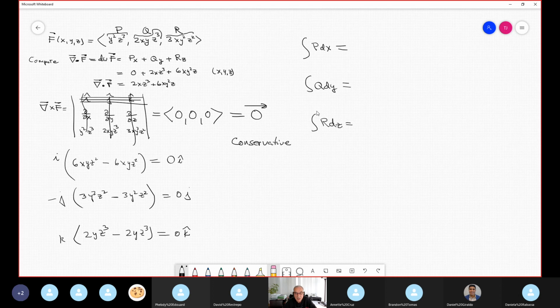Entonces now, integral y squared c cubic dx. This expression does not depend on x, entonces es a constant. If you put it in alphabetical order, it's x y squared c cubed. I know that we have plus something, but I don't care about plus something. Integral now 2xy c cubic dy.